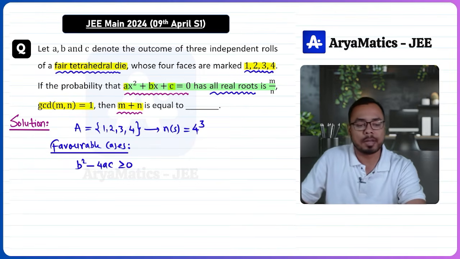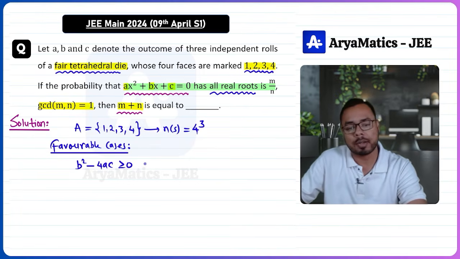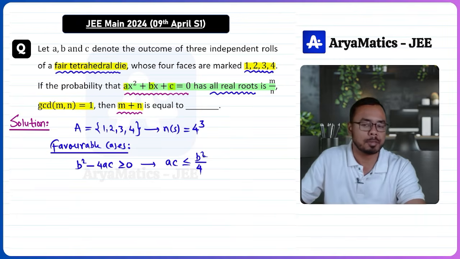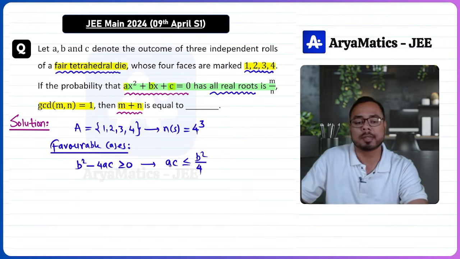Now from here it is difficult to see the different cases, so we can rewrite this inequality. We can take AC on the other side, and that means we can say that A into C must be less than or equal to B square by 4, right? B square should be greater than or equal to 4AC, so that means B square by 4 should be more than AC, or AC less than this number.